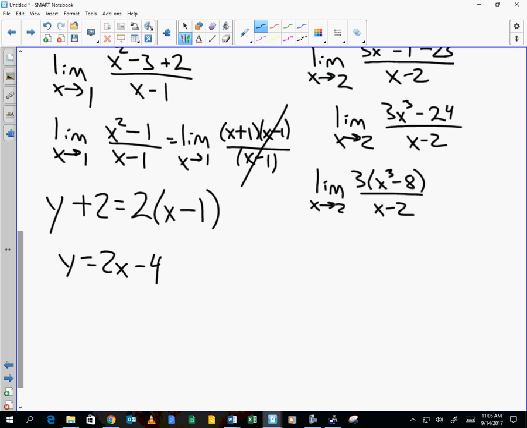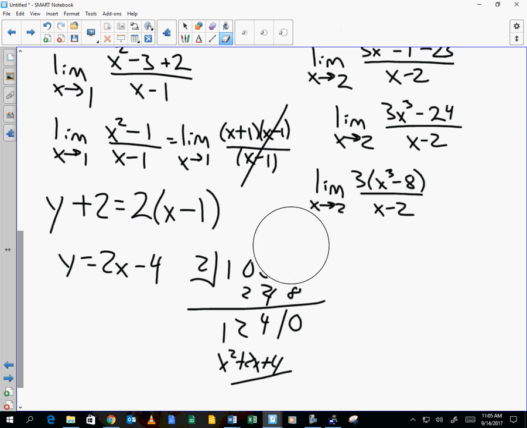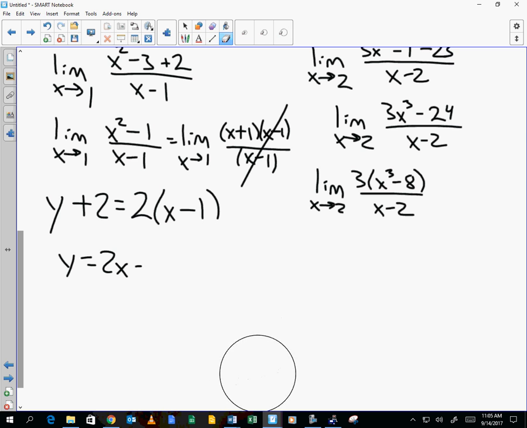Difference of cubes, right? If it didn't factor, what would you do? Just divide synthetically and it'll work out. Okay, so we'll factor it because that's what you want to do.